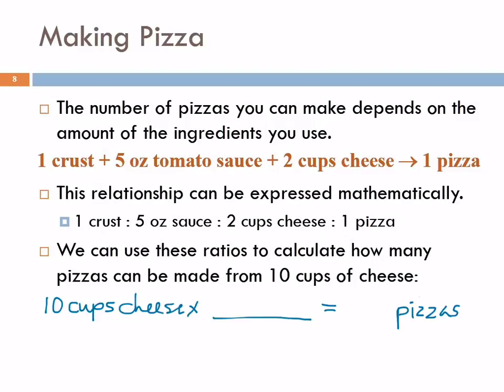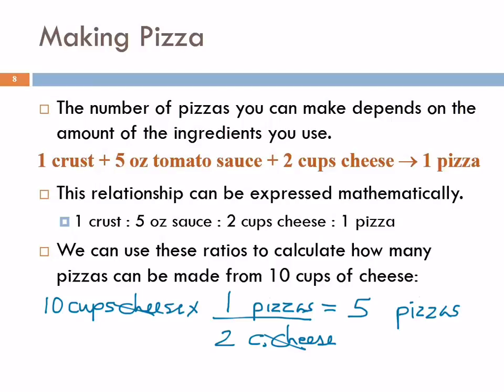So for units, I want to put cups of cheese in the denominator so that those will cancel out, and I want pizzas on top so that that's the unit that gets left. The numbers for this ratio come from the equation. There's a 1 in front of pizza, so 1 pizza. I need 2 cups of cheese. And so I get 10 times 1 divided by 2 tells me I can make 5 pizzas.